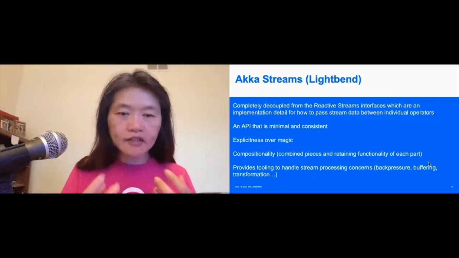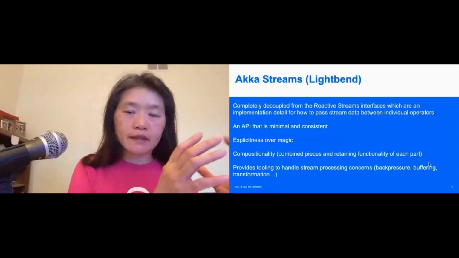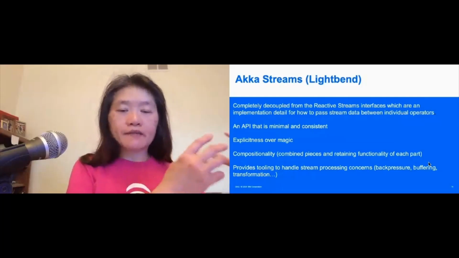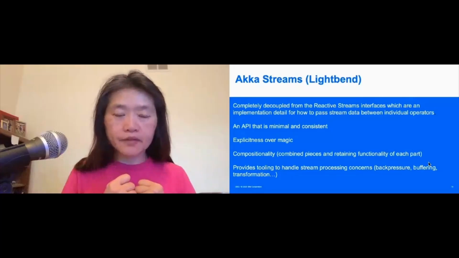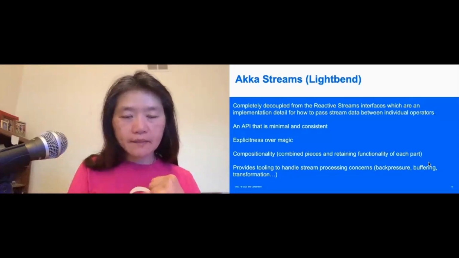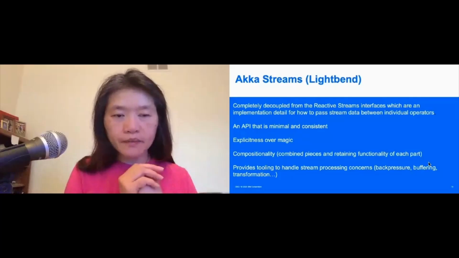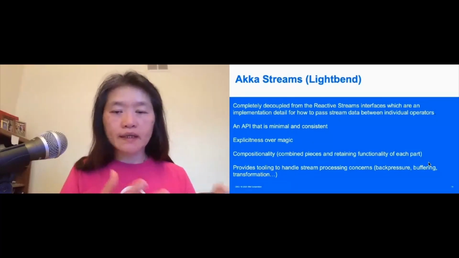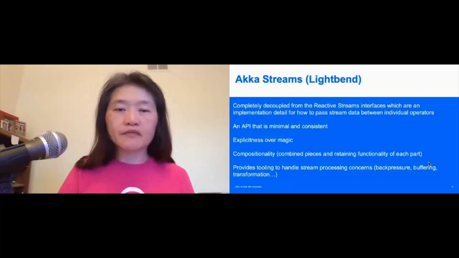They're all tied together using the actor model. An actor essentially always makes use of a mailbox. You always have a sender and receiver in any kind of mailbox scenario. So it makes use of its own messaging way of doing things in the actor model. And it also has a lot of tooling to handle stream processing concerns like back pressure, buffering, and transformation too.